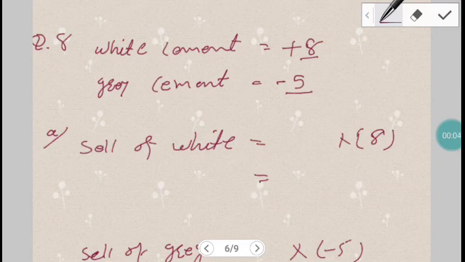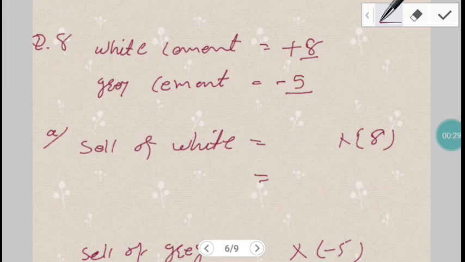In question 8, a cement company earned a profit of 8 rupees per bag of white cement sold and a loss of 5 rupees per bag of grey cement sold. So, in the first case, the company sells 3000 bags of white cement and sold 5000 bags of grey cement in a month.